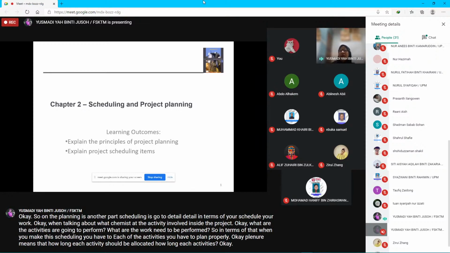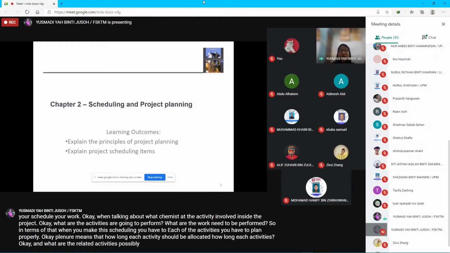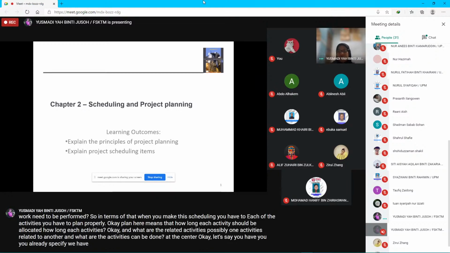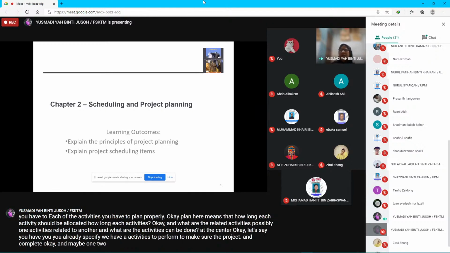Okay, and what are the related activities? Possibly one activity is related to another. And what activities can be done at the same time? Let's say you have already specified 8 activities to perform to make sure the project is complete. Maybe 1, 2, or 3 of the activities are not related to the next activity.